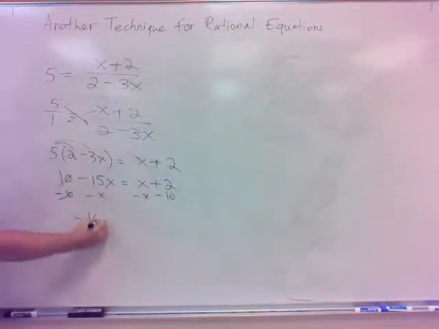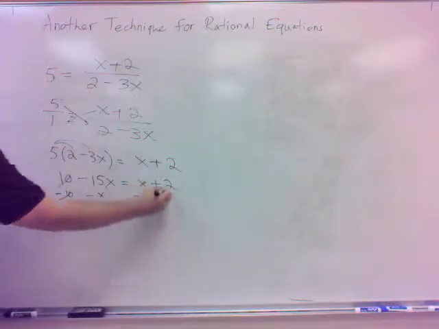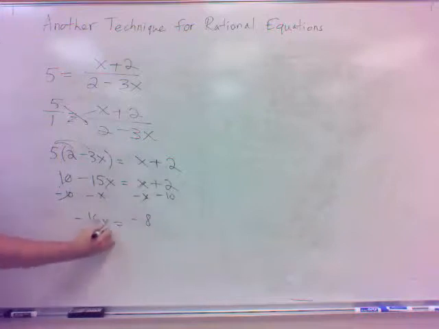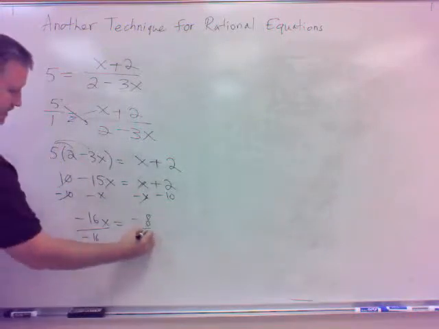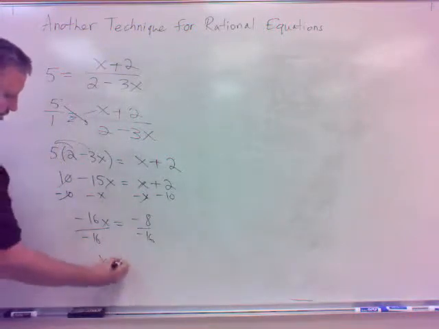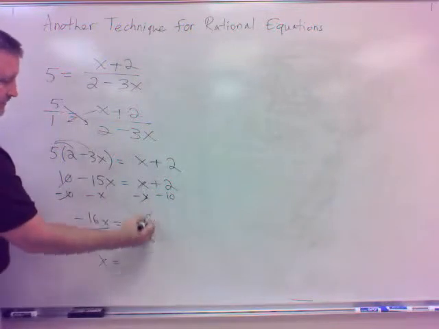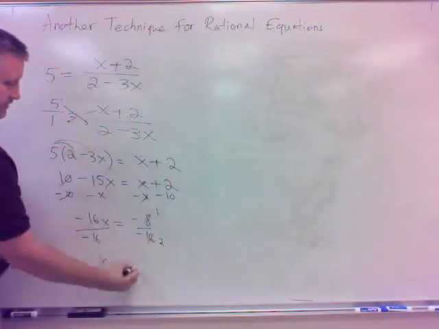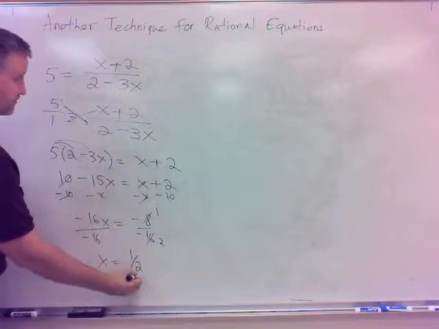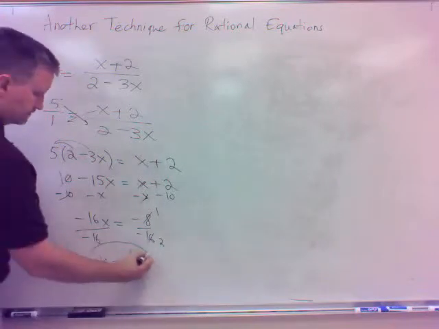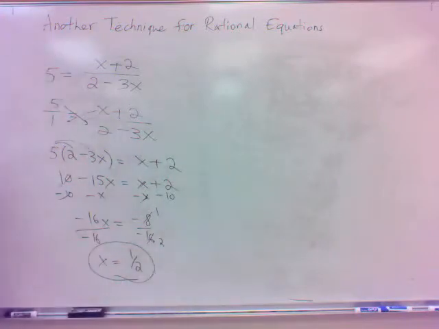That'll be minus 16x. Get rid of the x's there, so that'll be minus 8. All I have to do then is divide by minus 16. Negative divided by negative is positive. There's a common factor of 8, so I can reduce those by 8. 1/2. Okay. All right.